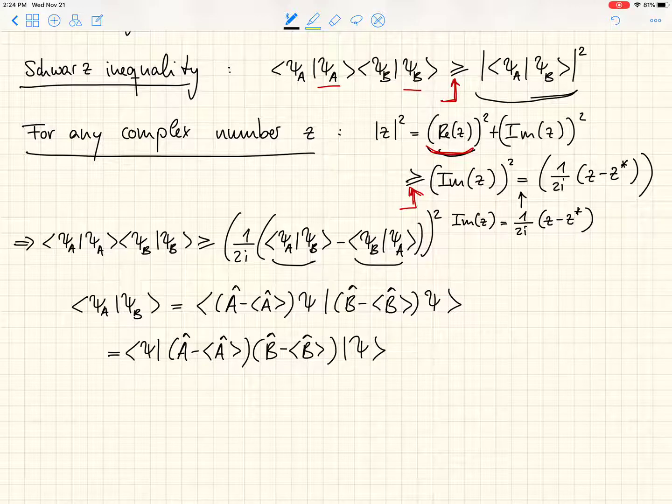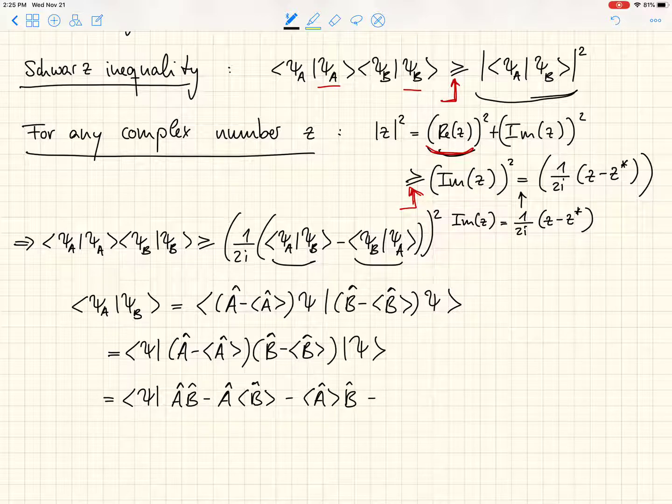Now I'm going to multiply everything out, so I have psi, and then A times B, minus A times the expectation value of B, minus the expectation value of A times B, and minus times minus is plus the expectation value of A times the expectation value of B, and then finally another psi here.